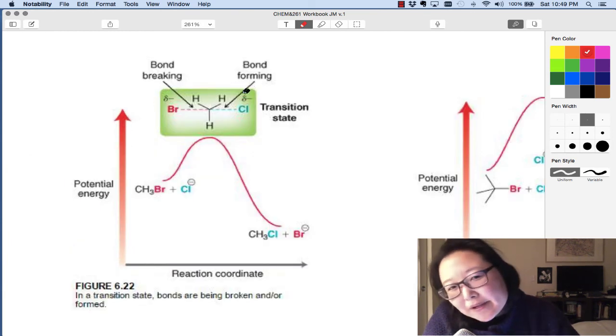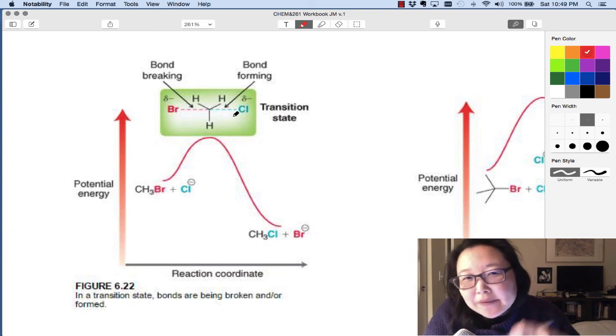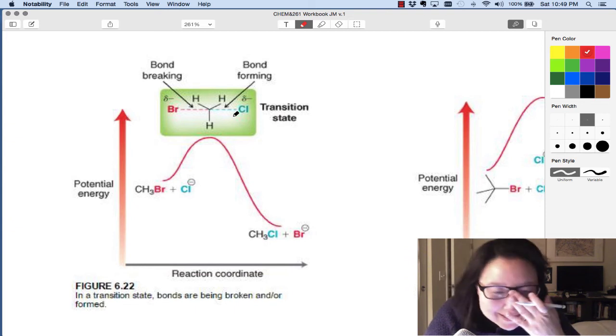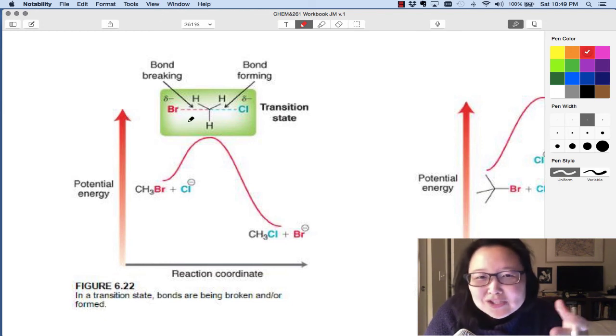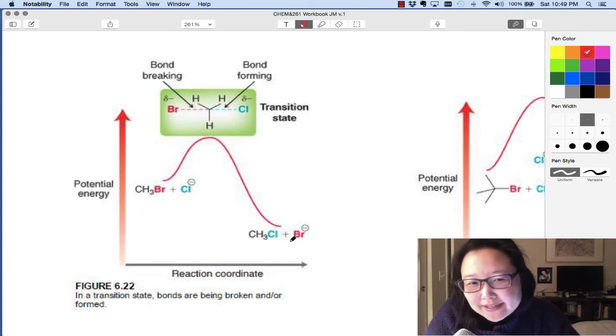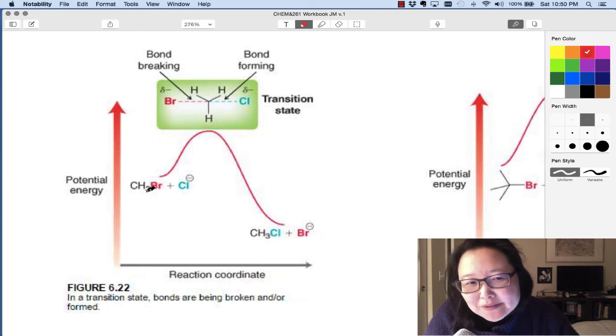So here's an example of what a transition state might look like. Again, we can't isolate the transition state, so it's just sort of our best prediction of what the molecule looks like when it's transitioning from reactants to products. So here's the highest point on the energy diagram. That's the transition state. It is a picture of the bonds breaking and forming in a reaction. So here we have a methyl bromide and we have a chloride. And look at what's happening.